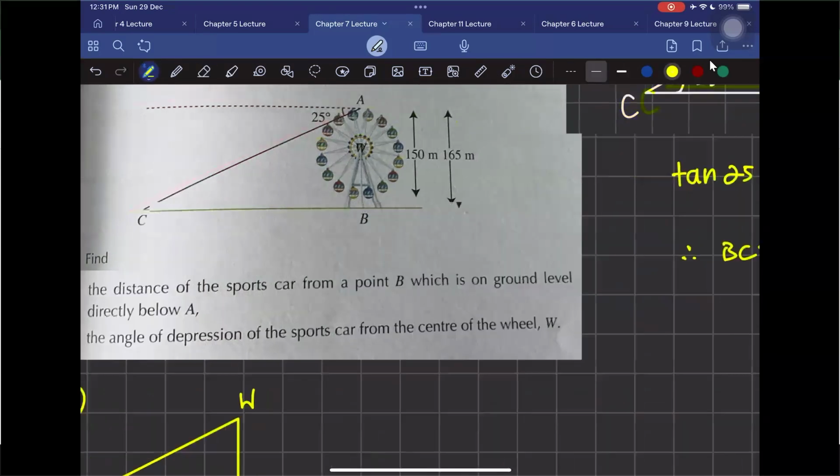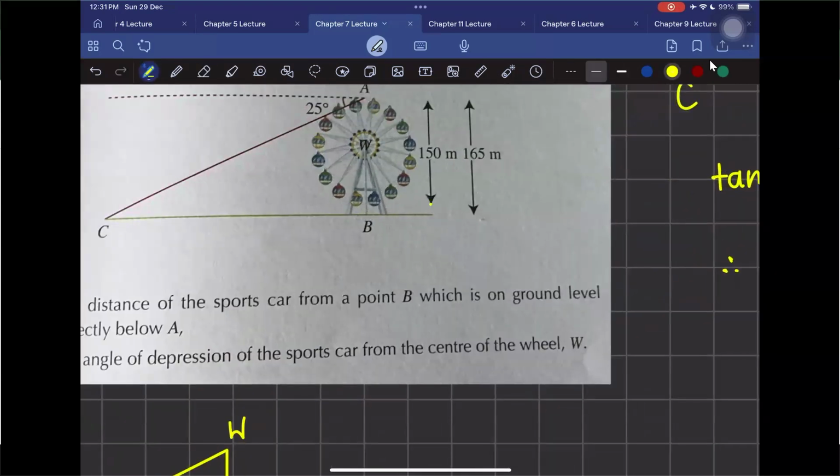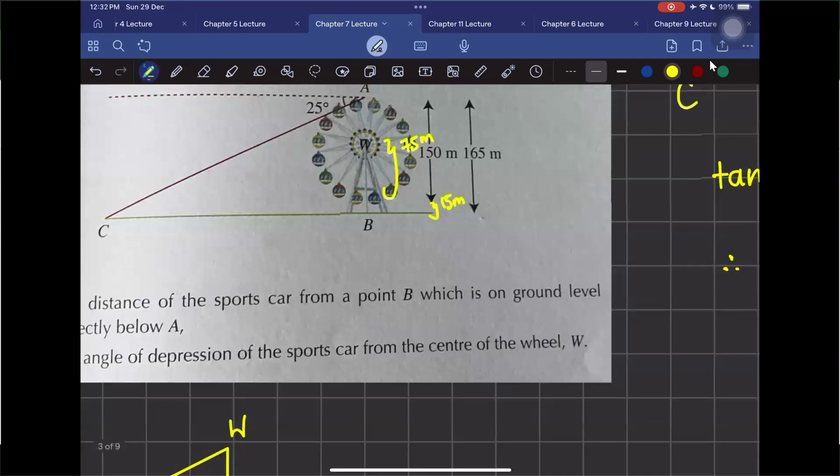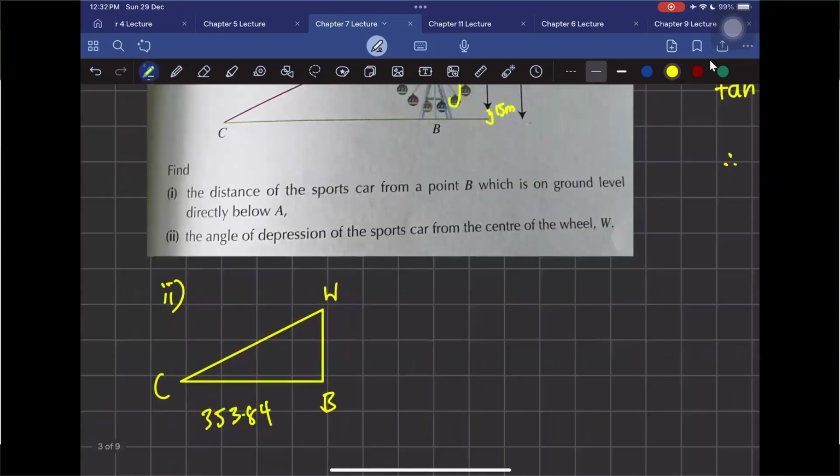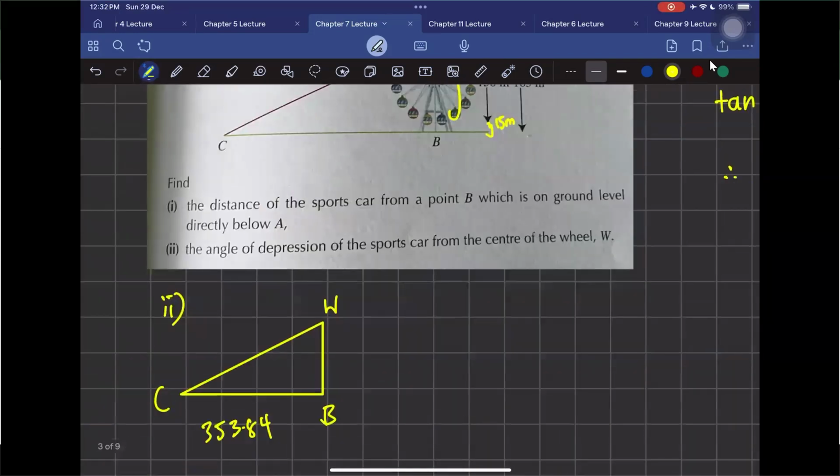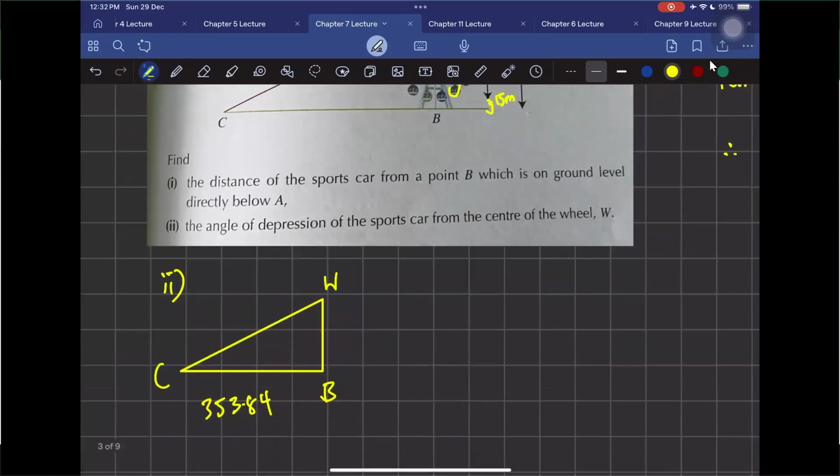That means the bottom part, this part here, is actually 165 minus 150, 15 meters. And the center of the wheel, from this part to this part, should be 75 meters, which is half of 150 meters. So once we have this, your WB is just 75 plus 15. So that is 90 meters.